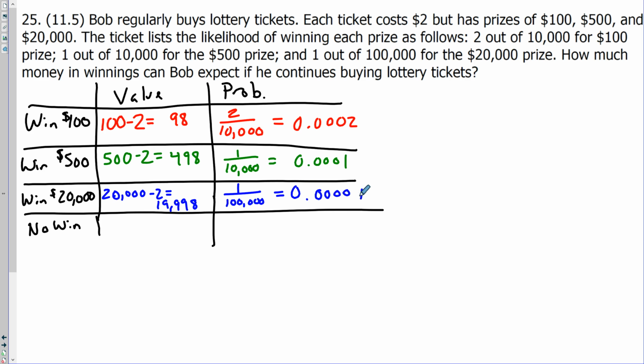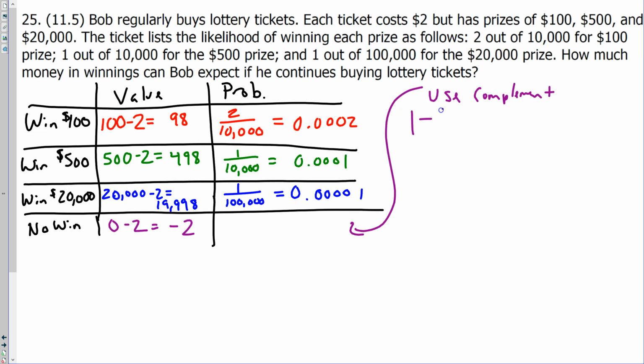Now for him not to win, that means he didn't win any money. He still paid $2, so he's actually down. He kind of lost those $2 that he paid for the ticket. Here, they didn't talk about that probability, but we can calculate it using the complement. The complement is helpful when you know all the other events except one in your sample space. So I'm going to take 1 and subtract the probabilities that I do know. The probability of him winning the $100 was 2 out of 10,000, or 0.0002.